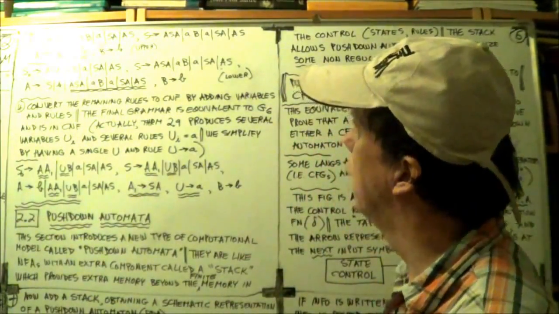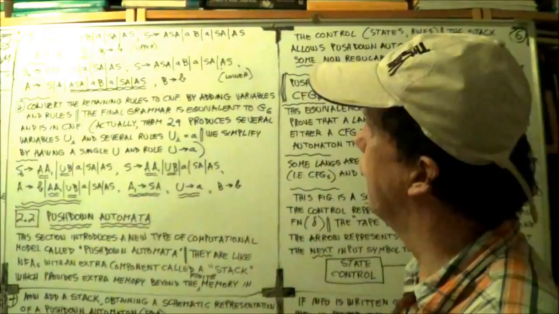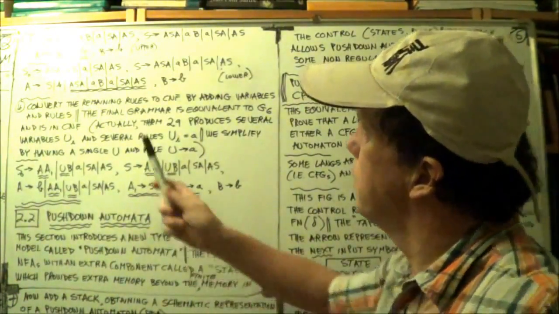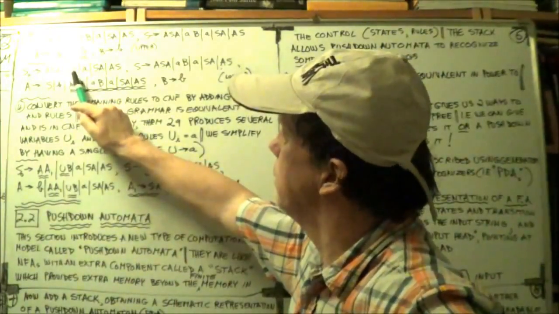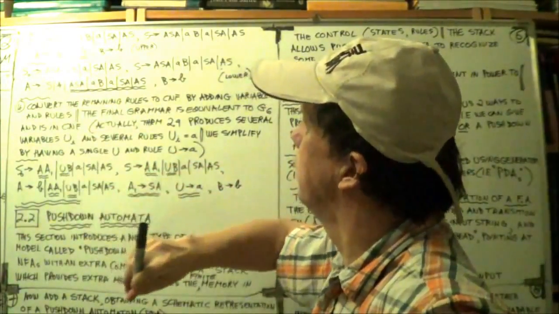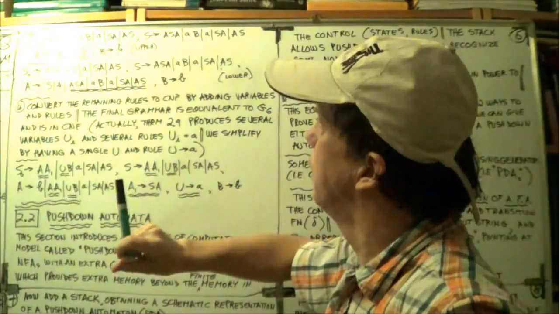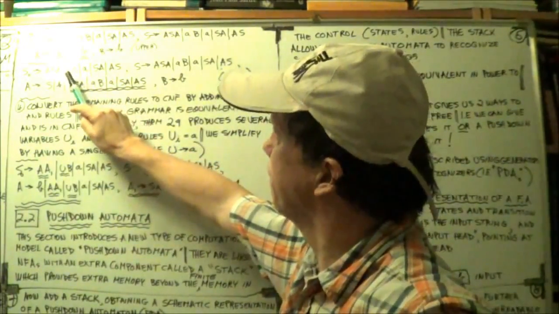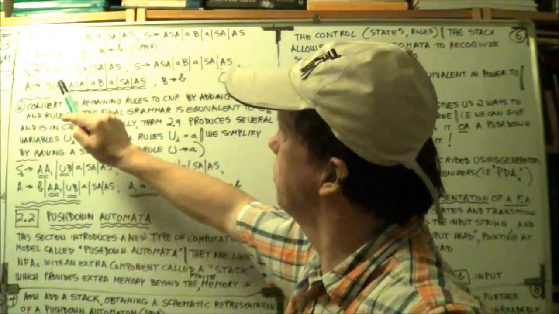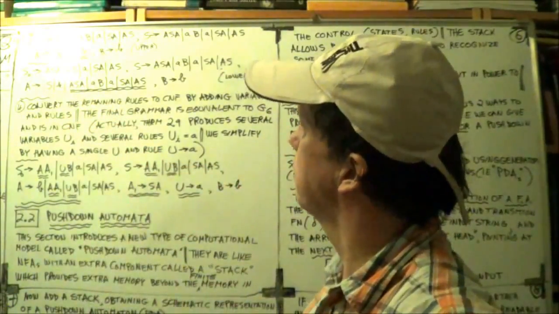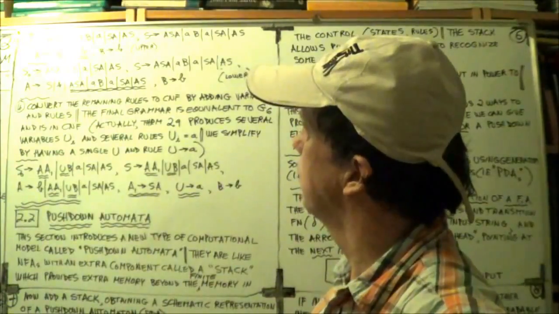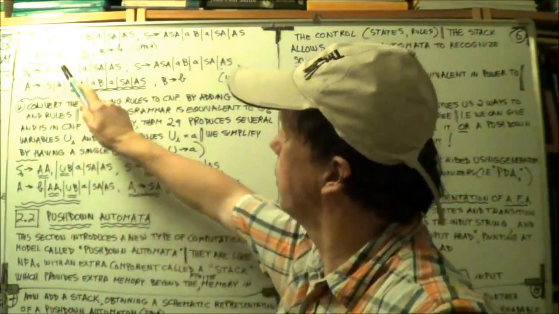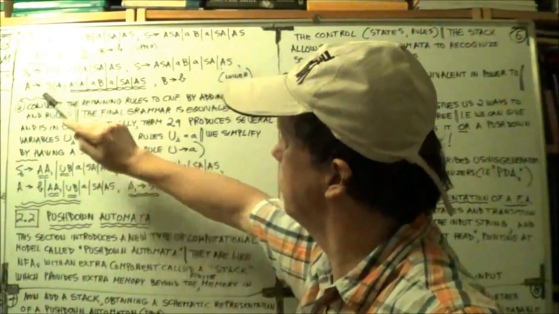So your u here would just be u arrow b. Oh, wait a minute, so I'll have u1 and u2.